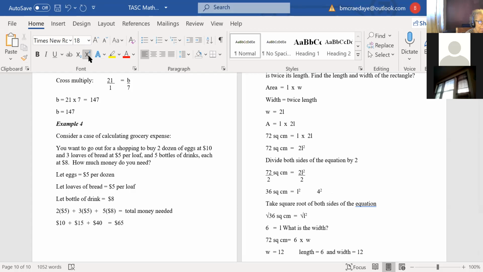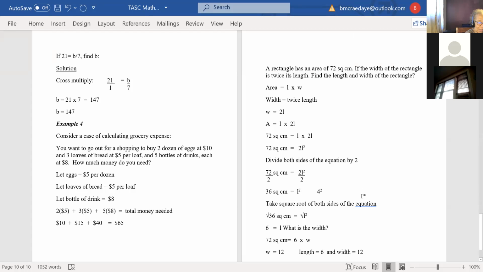And then I want to take the square root of this. So let me just put a square root symbol in front of this.